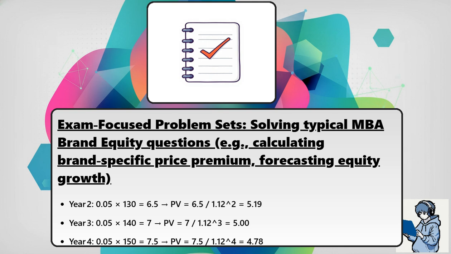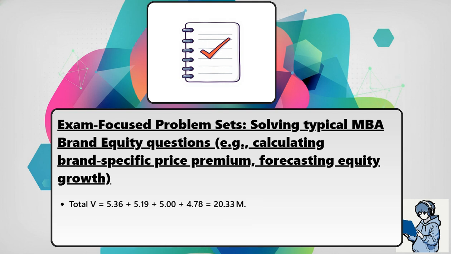Present value equals 7.5 million divided by 1.12 to the 4th power equals 4.78 million. Total value equals 5.36 plus 5.19 plus 5.00 plus 4.78 equals $20.33 million. Answer: brand value approximately $20.3 million.